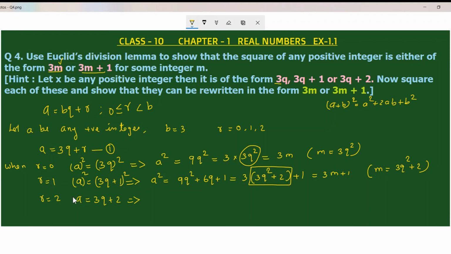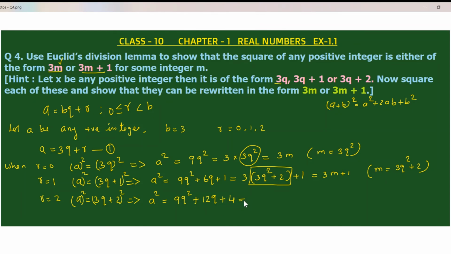For that, what we have to do is take the square on both sides. If you take the square on both sides, we will get a square, which is equivalent to the a plus b whole square formula again. So which is 9q square plus 2ab, 2 into a, 6q, 6q into 2, 12q plus b square, 4.